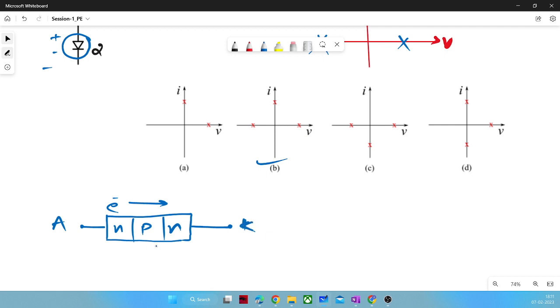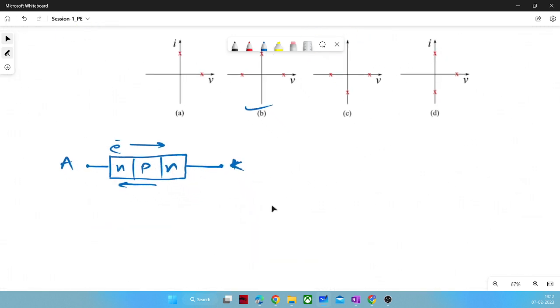However, some holes will also flow from P to N because there are two PN junctions. So some reverse leakage current will flow, and due to that a very small amount of current will be there, and that is considered in some cases. I think that was asked either this year or last year. That we will see in the continuous session.